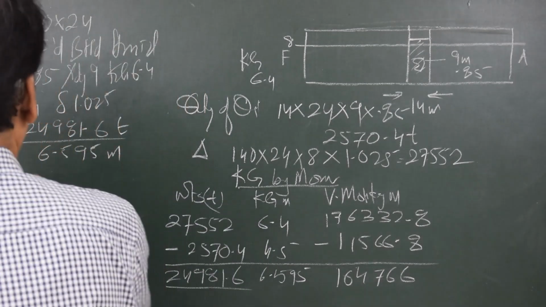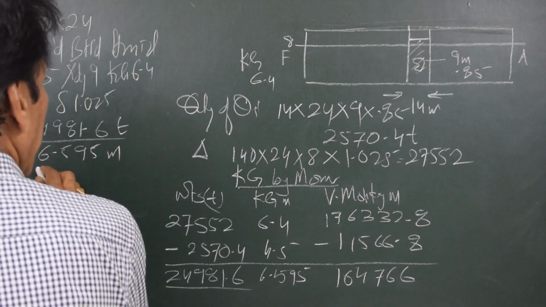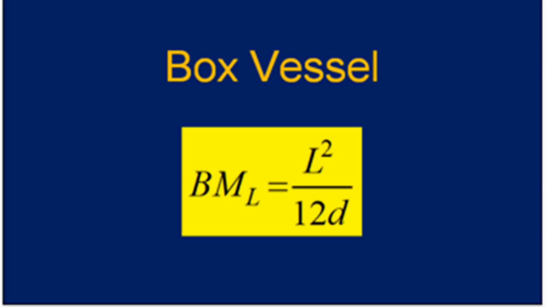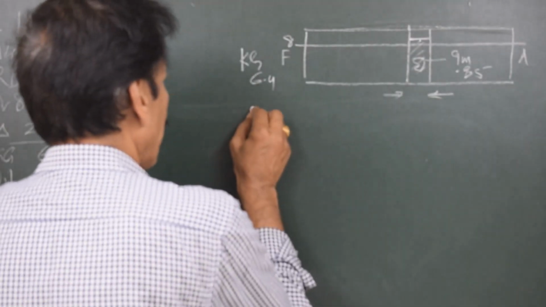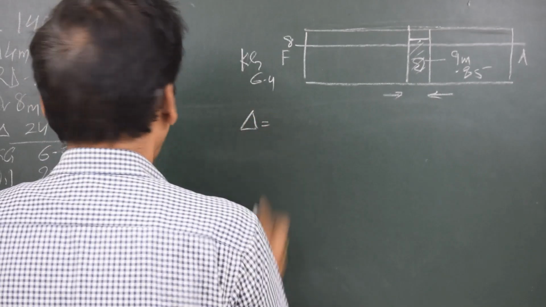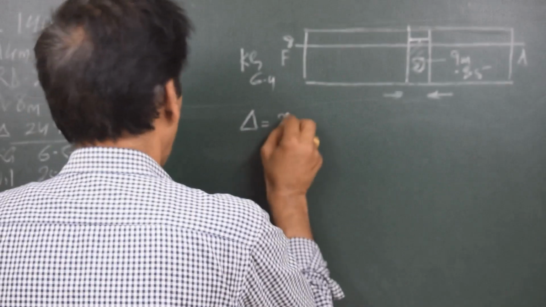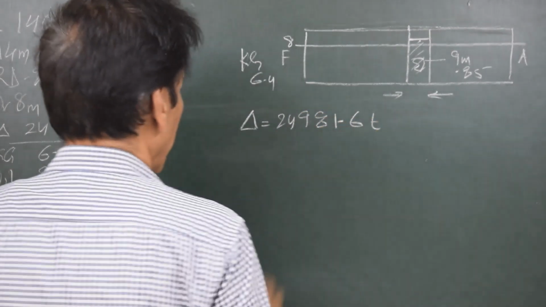The quantity of oil in the compartment is 2570.4. Let's now find out the mean draft after the oil is pumped out. So we have displacement of the ship after the oil is pumped out as 24981.6 tons.